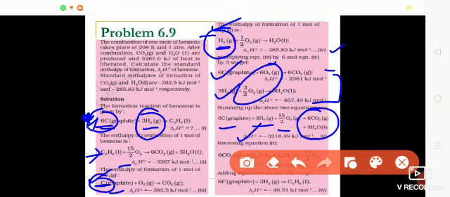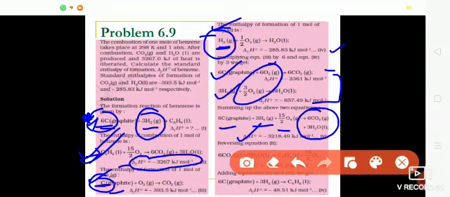So we have used equations 3 and 4 to get a reaction involving carbon, hydrogen, oxygen, carbon dioxide and water. Now we will reverse our equation 2. By reversing the equation, remember that the sign of enthalpy also gets reversed.